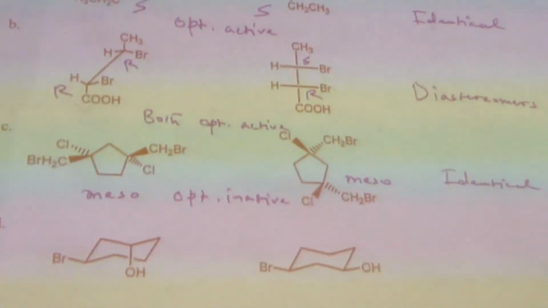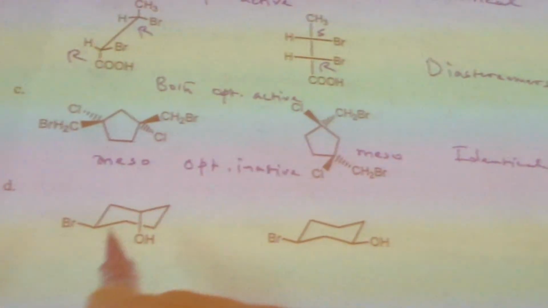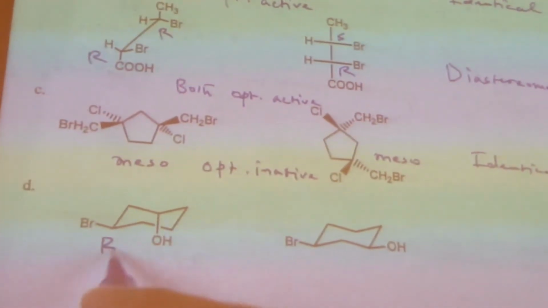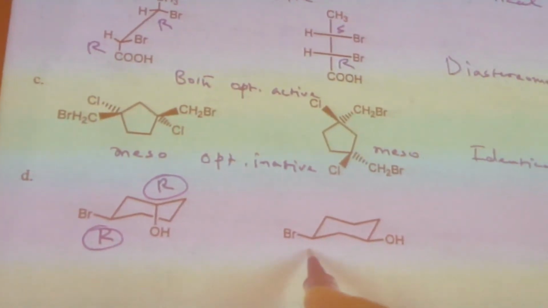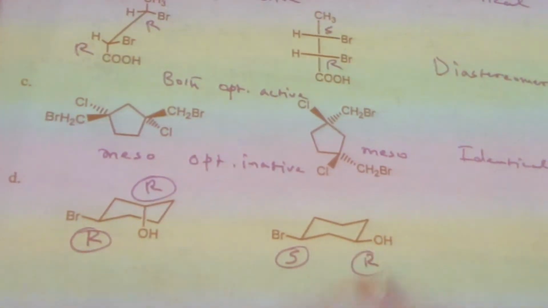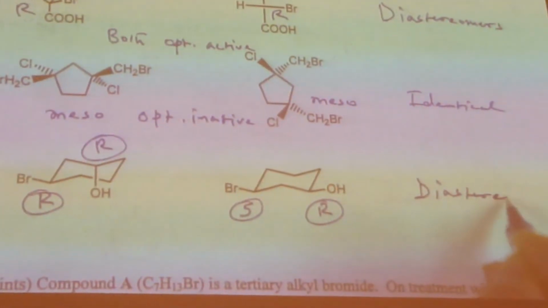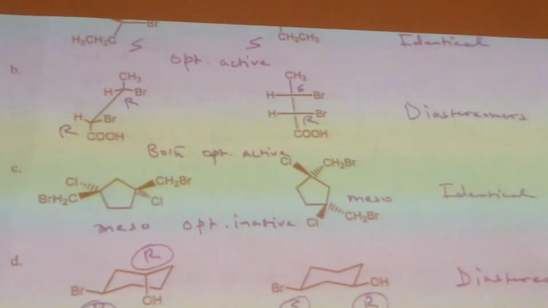The bottom one, again, you can figure out that they have different stereochemistry. This is R, and this one is also R. Here it's S, and the OH group is R, which means that they are diastereomers. So both are optically active.